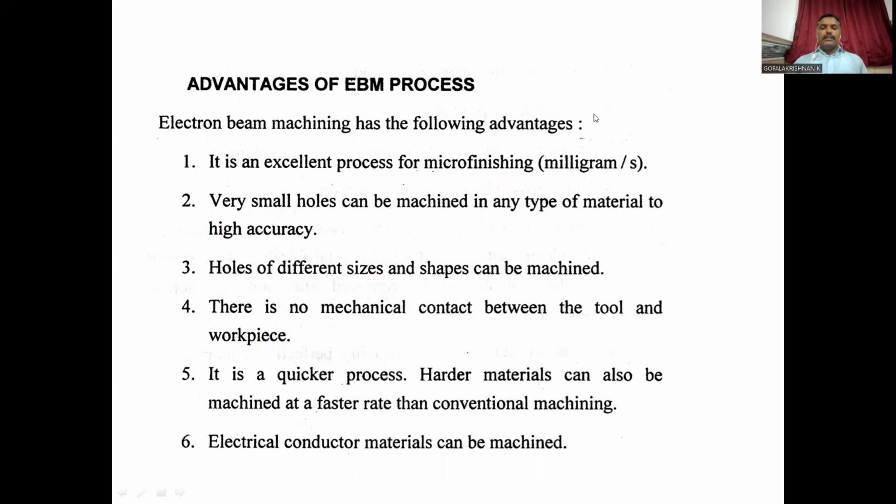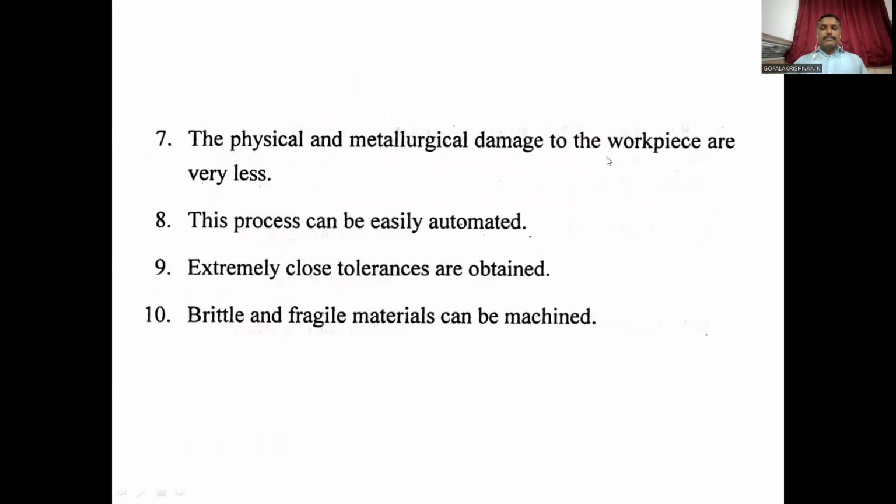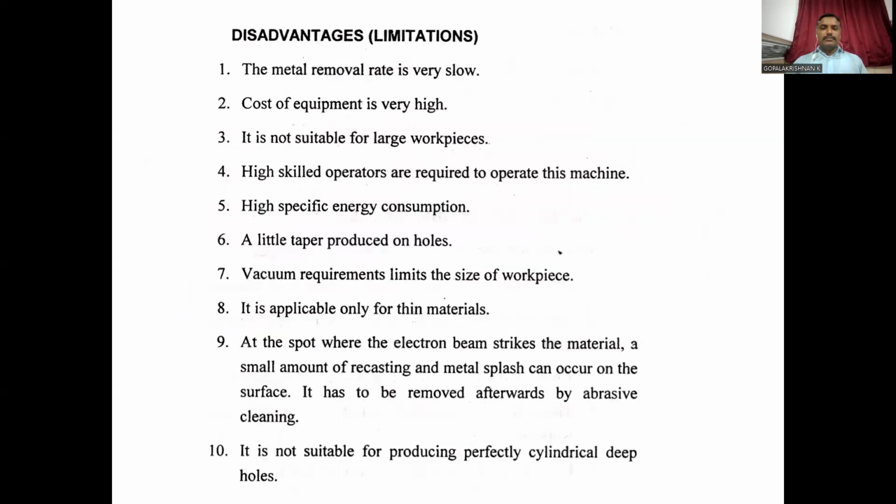Harder materials can also be machined at a faster rate than conventional machining. Electrically conductive materials can also be machined using the EBM process. The physical and metallurgical damage to the workpiece is very little, and this process can be easily automated. Extremely close tolerances are obtained. Brittle and fragile materials can be machined using the EBM process.